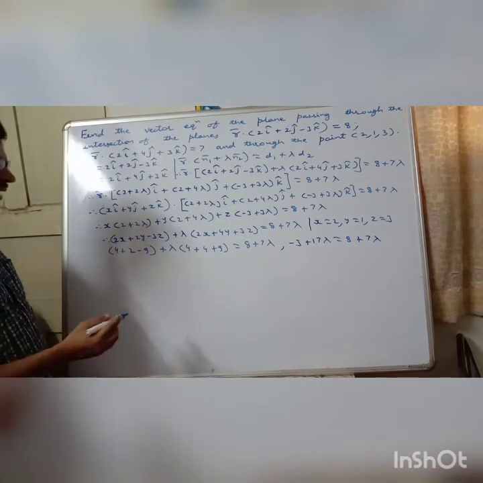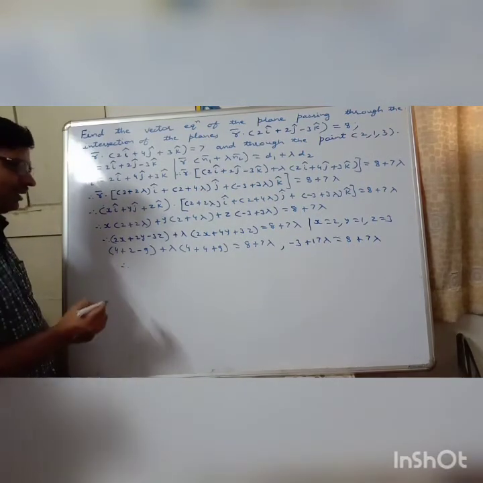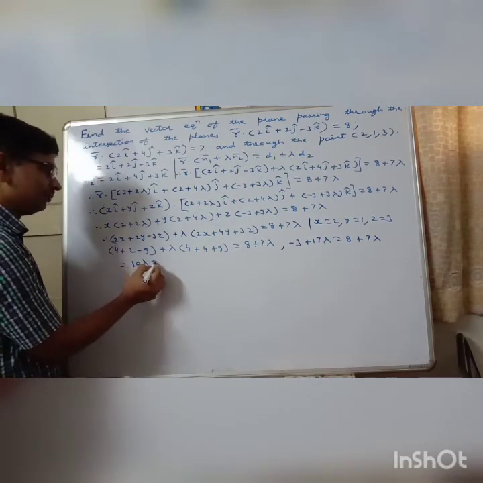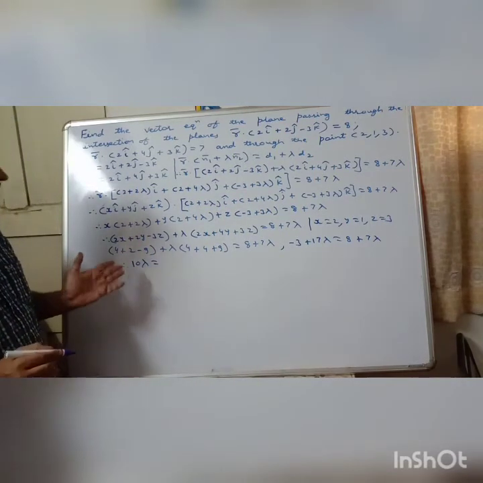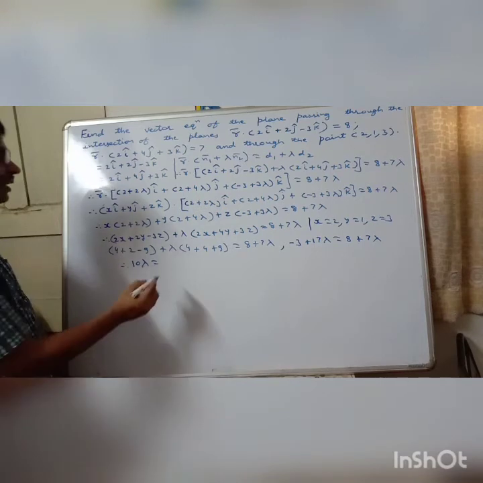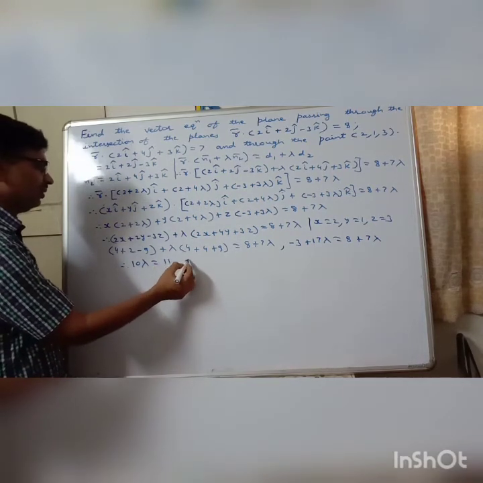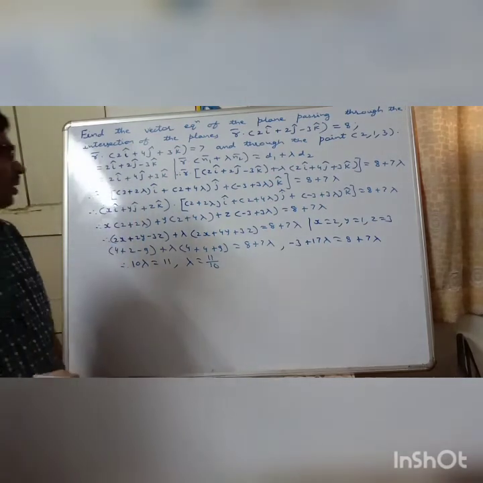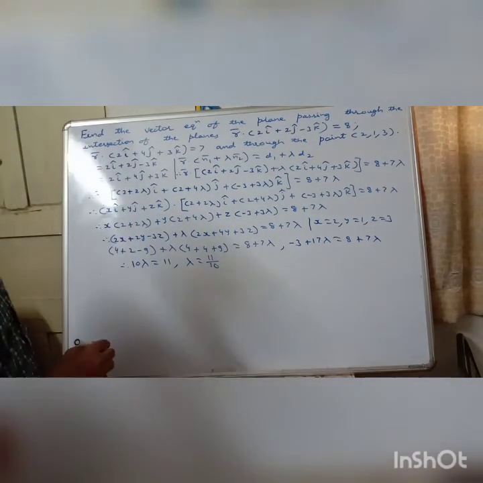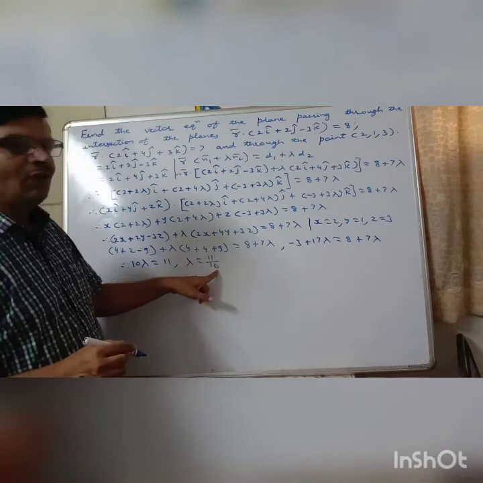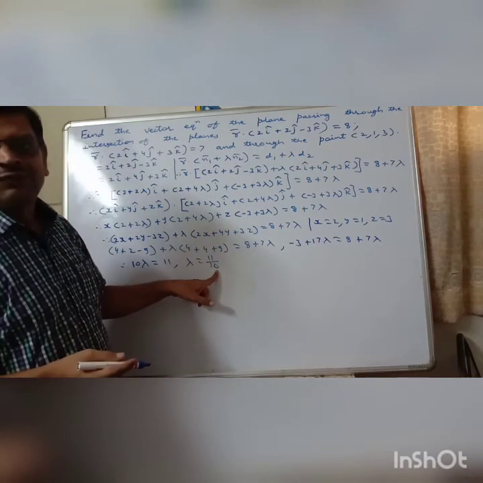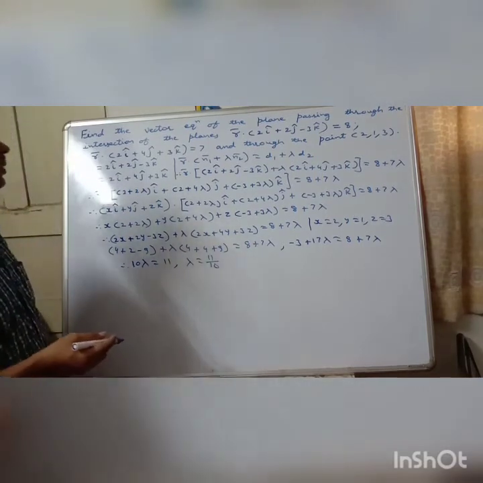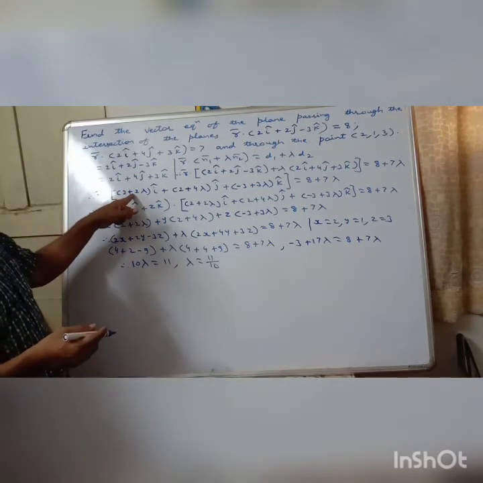Collect terms containing lambda on LHS. 17 lambda minus 7 lambda, 10 lambda. Collect remaining terms to the RHS. 8 plus 3, 11. So lambda is 11 by 10. So we have got value of lambda here. After that, we have to put value of lambda in this equation.